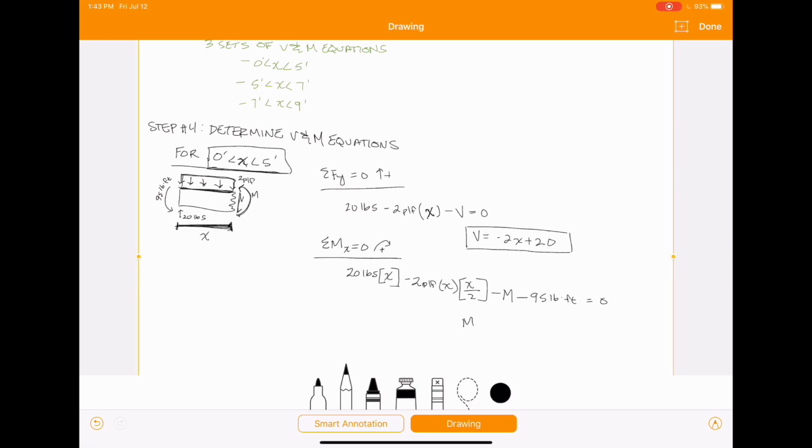So we can solve for M, and we get that M equals negative x squared plus 20x minus 95.